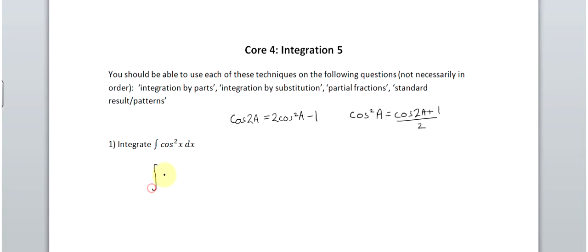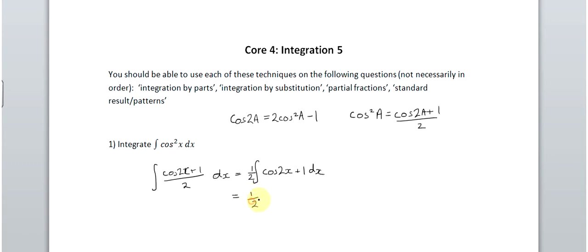So we've got cos of 2a, or rather 2x, plus 1 divided by 2, and that's with respect to x. And now we're going to take the half outside the brackets, so outside the integral sign, and that leaves us with cos of 2x plus 1 with respect to x, and that's now quite a trivial integration.